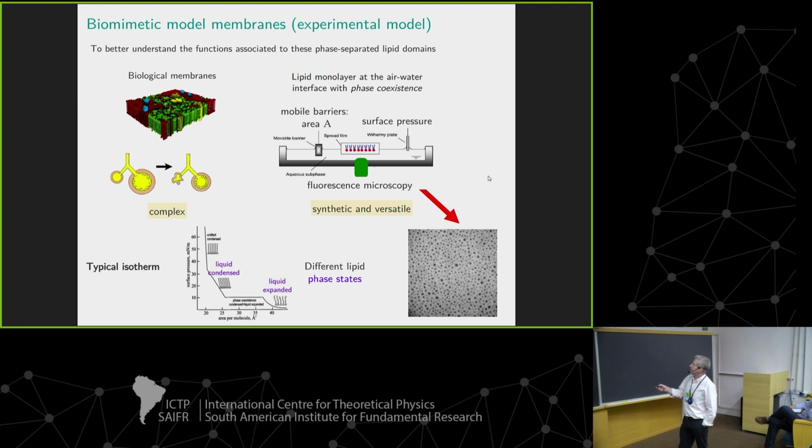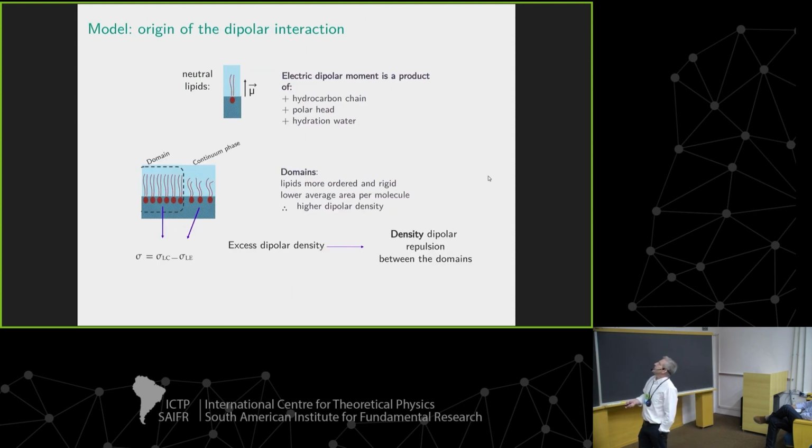We are interested in the interaction between the domains because the interaction will explain the structure of this monolayer. In some sense, for us, it will be like a colloidal suspension in two dimensions. But what about the interaction? The main interaction between these domains arises from the fact that these neutral lipids have a dipolar moment.